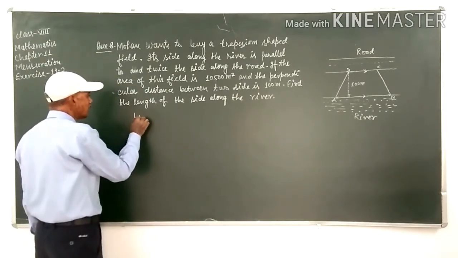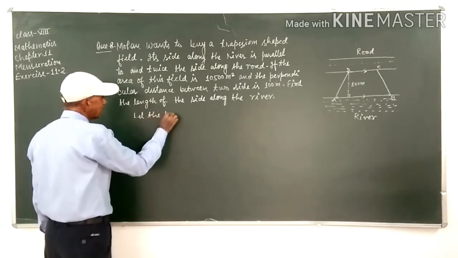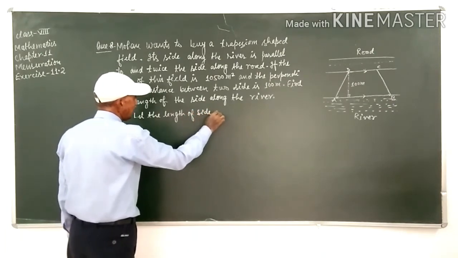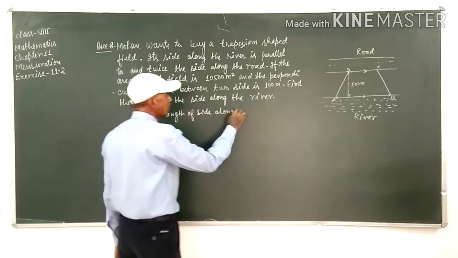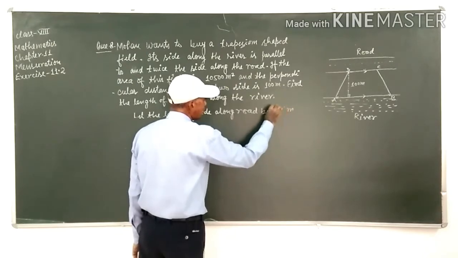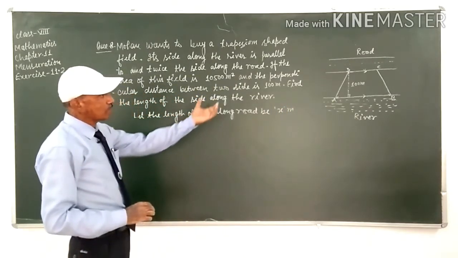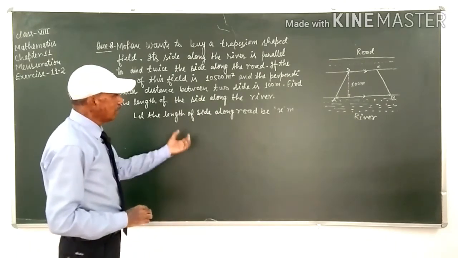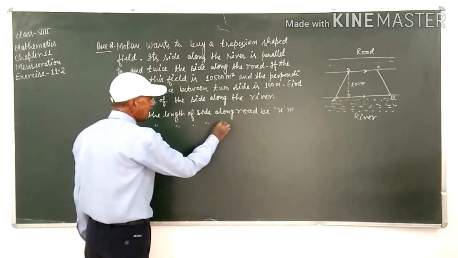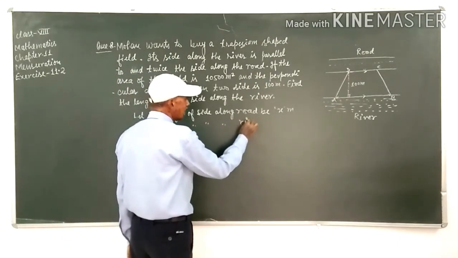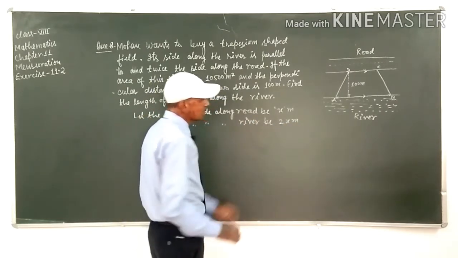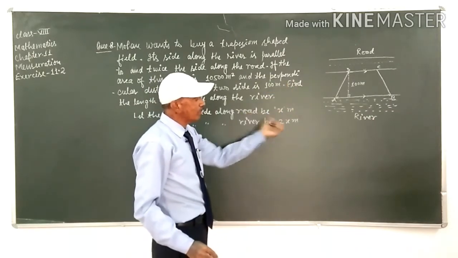Let the length of side along road be x meter. The side along the road we have assumed as x meter, students. Now the length of the side along river be 2x meter, because it is given that this side is double of the road side.